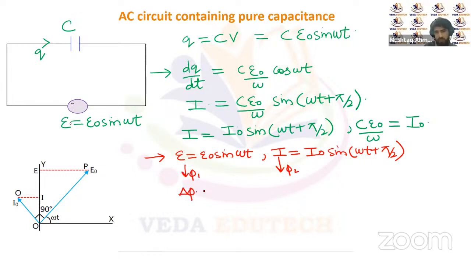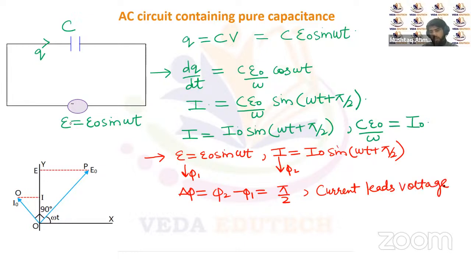That's delta phi equal to phi 2 minus phi 1, equal to pi upon 2. So in this case, current leads voltage in the case of a capacitor.